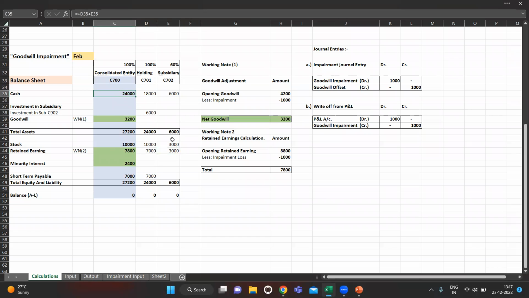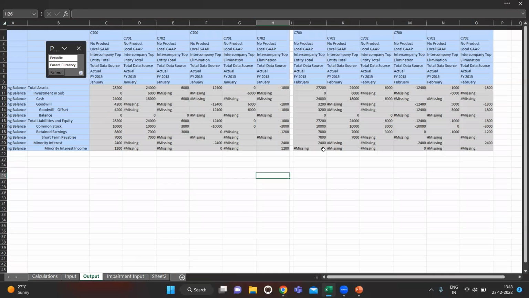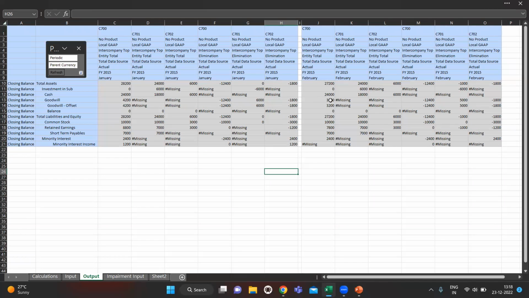We have cash at 24,000, and goodwill should come as 3,200, and stock will come as 10,000 only for the holding, and retained earning will come as 7,800. Okay, so this is our output sheet. As you can see, we have eliminated 1000 extra in this. 3,200 is coming as we expected.